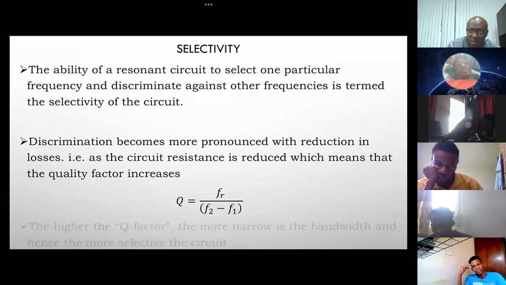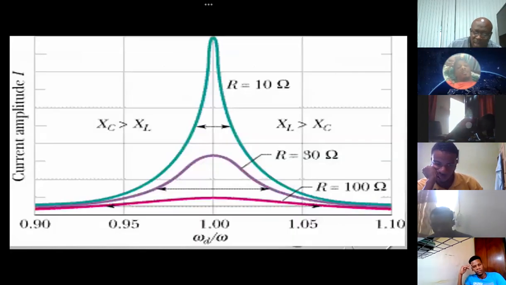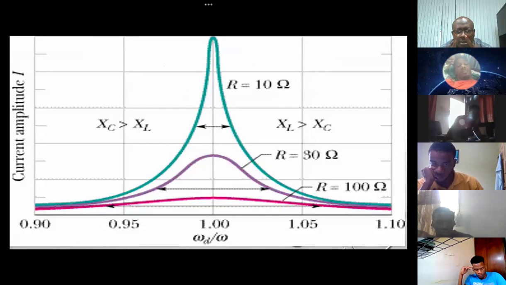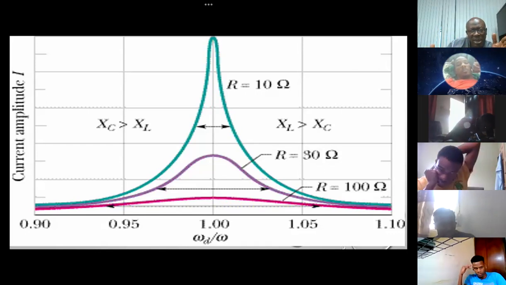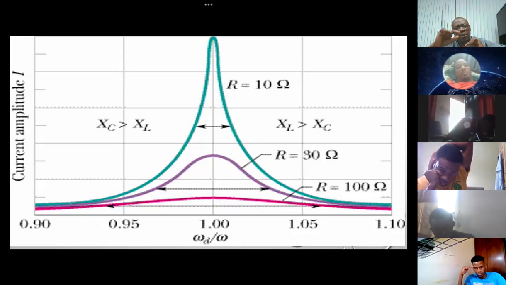So graphically, this is what we have. The green graph is showing a narrow bandwidth, which means that your R will be smaller. As we increase R, we are getting a lower quality factor, but the signal is spreading further and the maximum current is getting smaller.